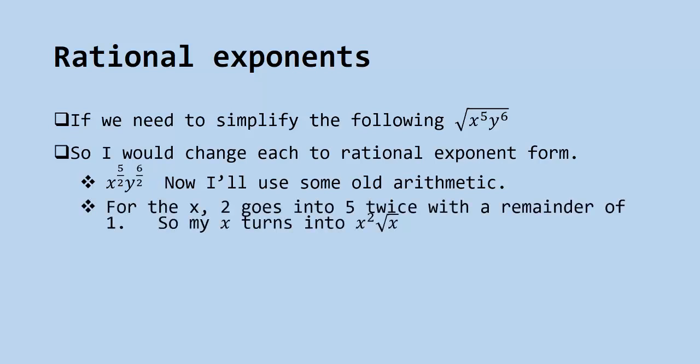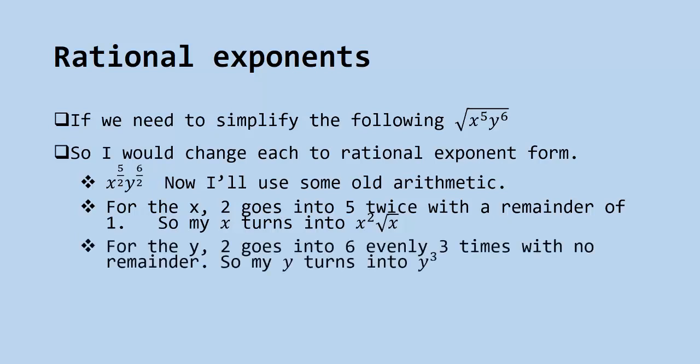For the x, 2 goes into 5 twice with a remainder of 1. So my x turns into x squared times the square root of x. Since 2 went into 5 twice, that's why I have an x to the 2nd power on the outside. For the y, 2 goes into 6 evenly 3 times with no remainder.